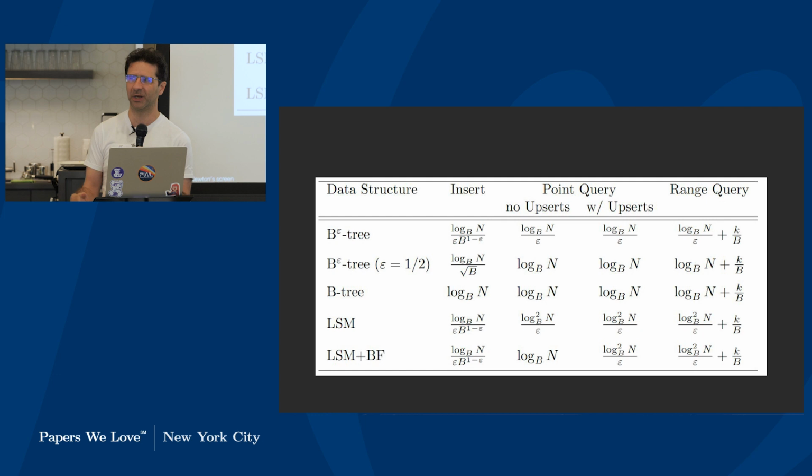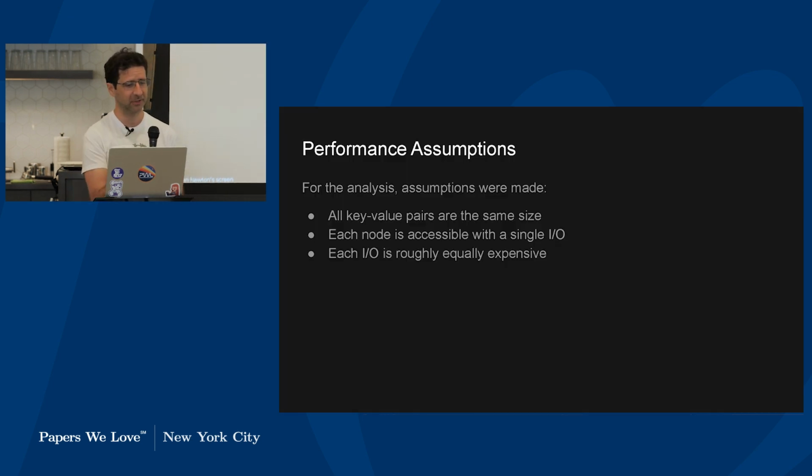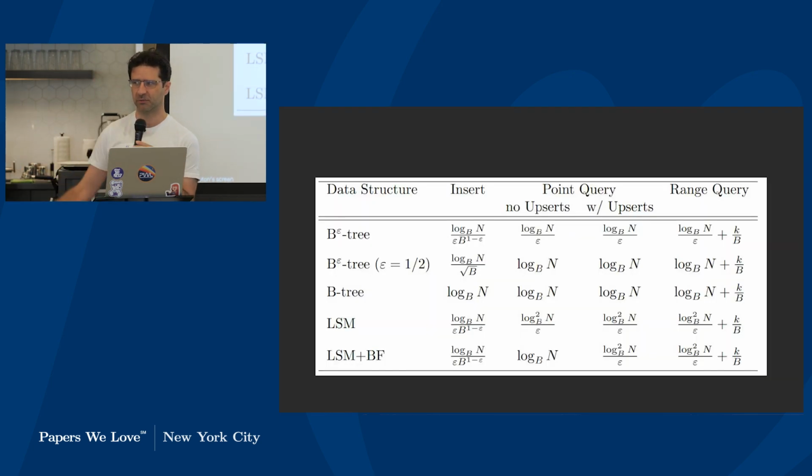Especially if you're doing all the caching for the root node and you're not actually flushing it to disk on every IO. Or you do some, I think TokuDB does this, where they violate the assumption that each IO is equally expensive and each node is accessible with a single IO, and they split the nodes into pages, which are not necessarily all sequential. Don't quote me on that, though. I haven't read their code.